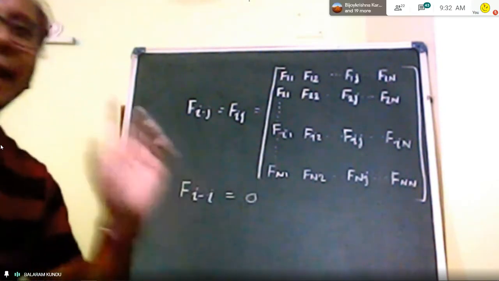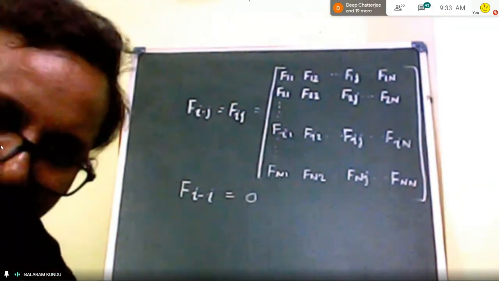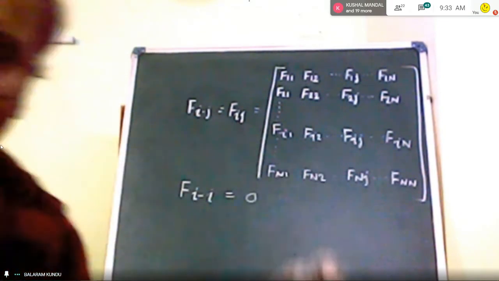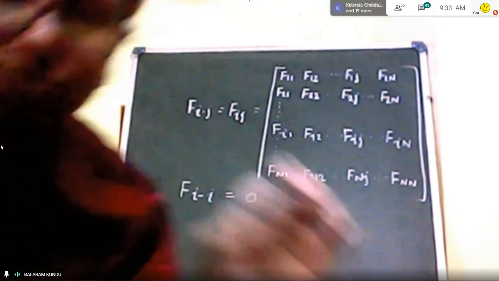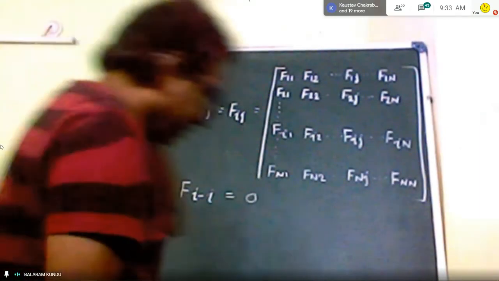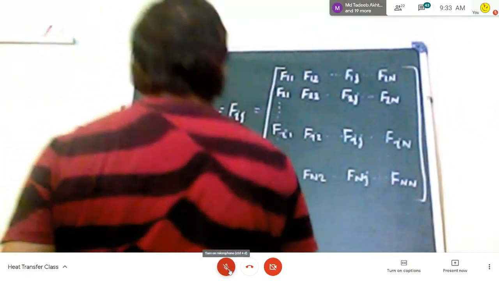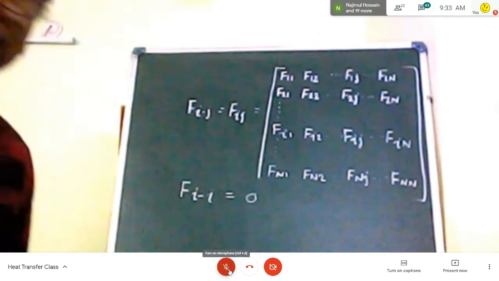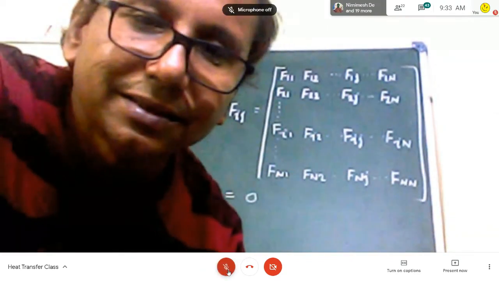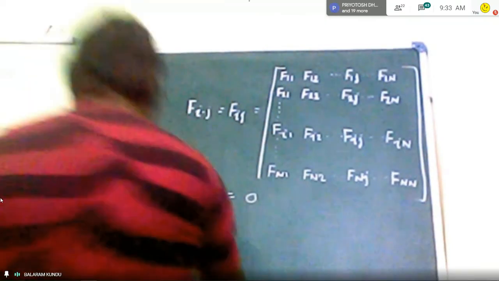That means n shape factors will be 0 if all the surfaces are plane. Clear? So the total number is n squared. If n shape factors are 0, then the remaining shape factors will be n squared minus n. So n squared is the total number of shape factors.